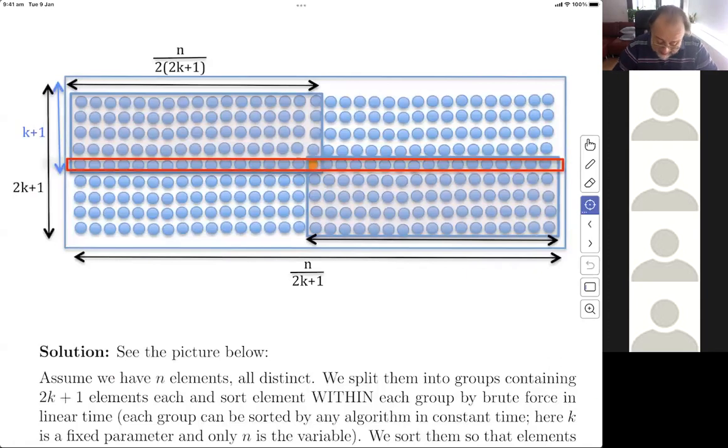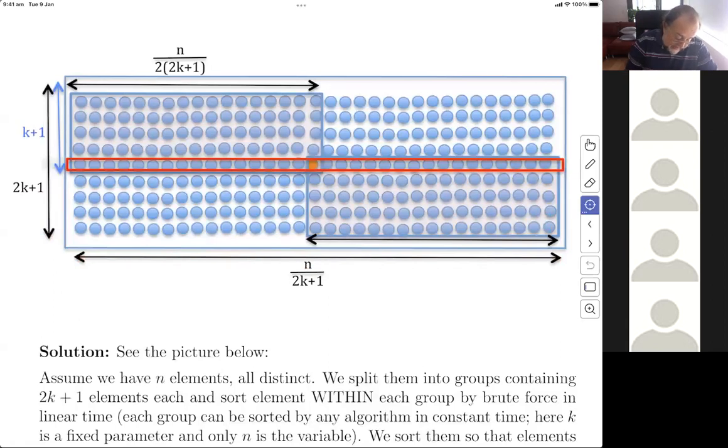Of course, the very last column might be only partially filled, but this doesn't change the analysis significantly, okay? So if you have 2k plus 1 many elements here, then the number of columns is n divided by 2k plus 1, right? Because every column has 2k plus 1 many elements.